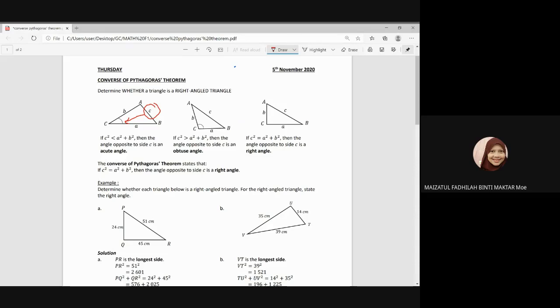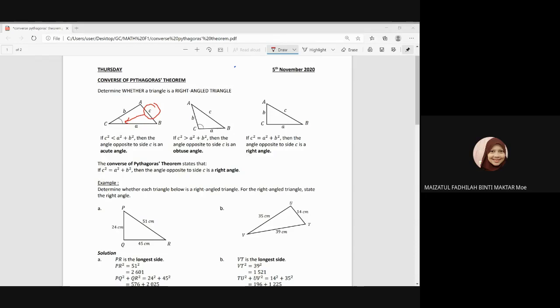Why must you know this? Sometimes the question asks you to give a reason. So you must know this basic one. If you get the length of side C square smaller than A square plus B square, it means the opposite angle is the acute angle.